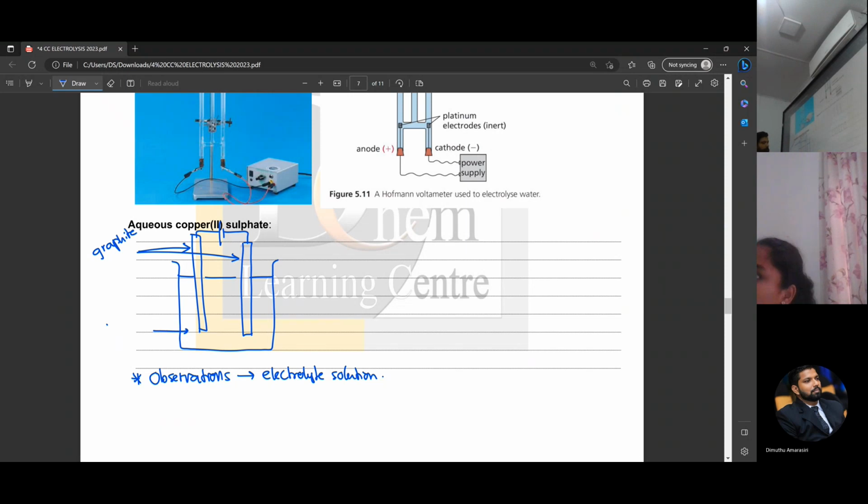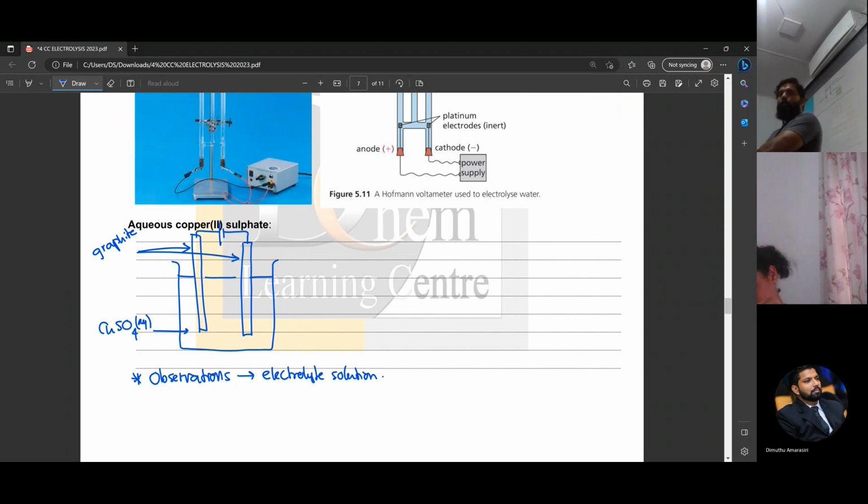This is copper 2 plus, copper sulfate. Anode, cathode reactions and observations, especially electrolyte solution observation.